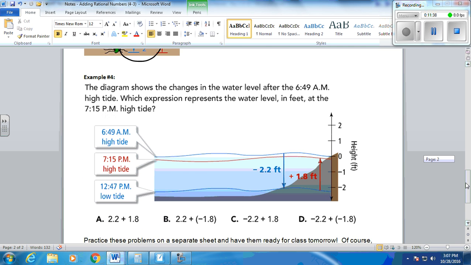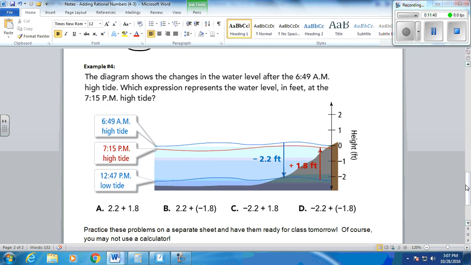Number 4 is just strictly asking you to decide which one of these expressions would actually give us the answer. So go ahead, give that one a try. Okay, and the correct answer there I got was C, that at first it's 6:49 a.m., so that's starting that high tide.